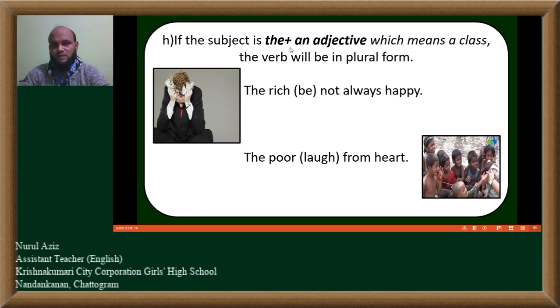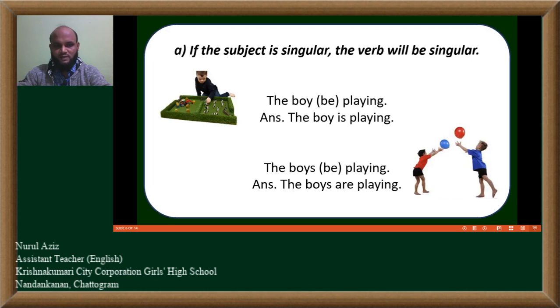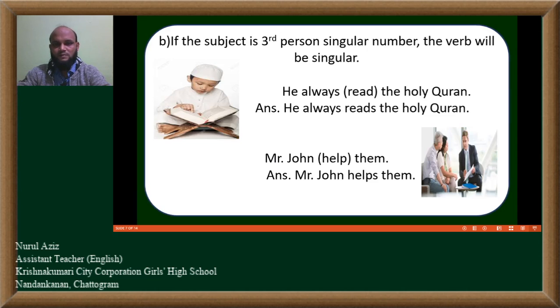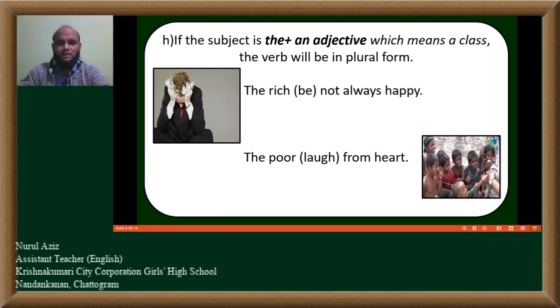If the subject is the plus an adjective, the plus an adjective means this is a plural common noun. The rich, the poor, etc. The plus adjective, that means the subject is in plural form.